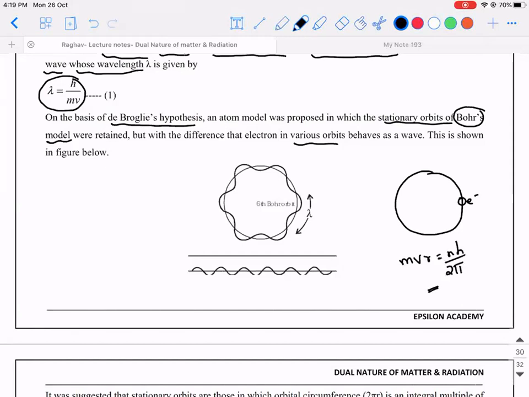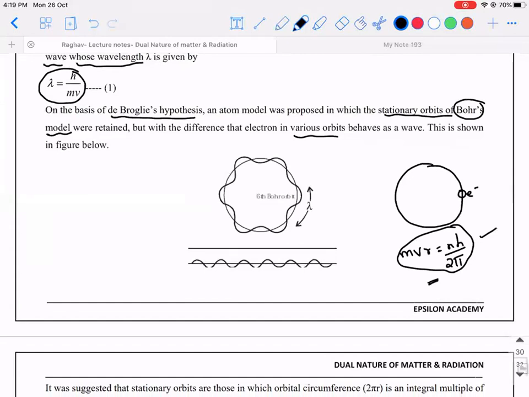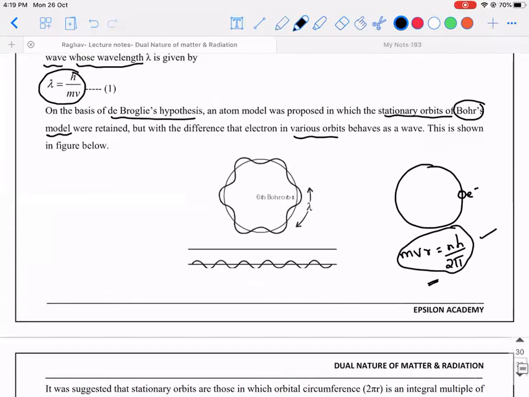We have seen this expression in some other chapter also, where we saw the Bohr magneton, that is the magnetism chapter, right? So mvr will be equal to nh divided by 2 pi. We are going to relate both. Remember, lambda is equal to h by mv is the de Broglie wavelength of an electron.